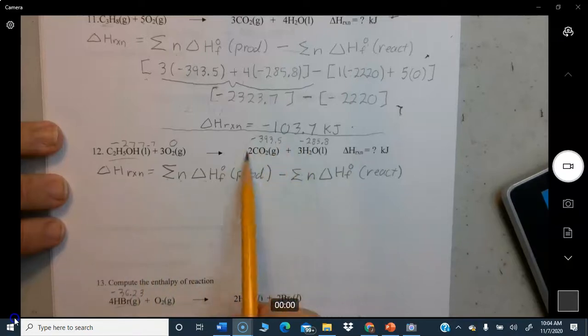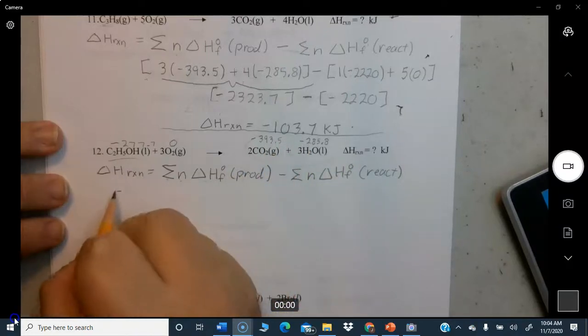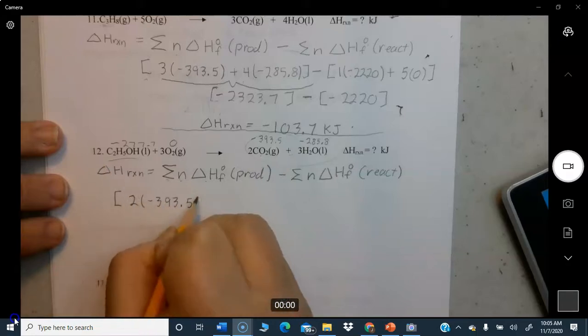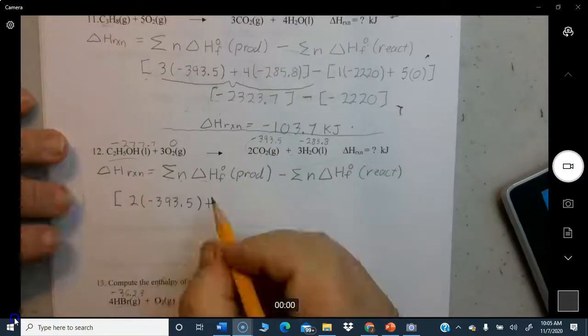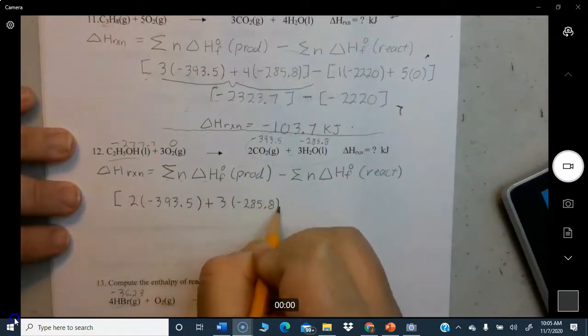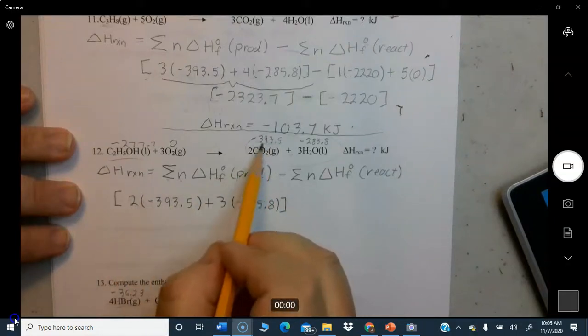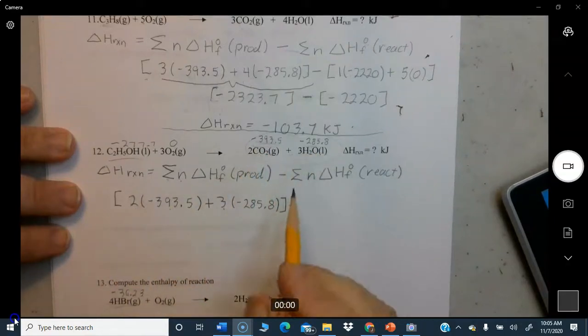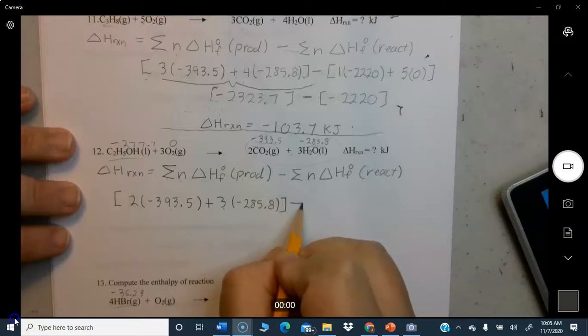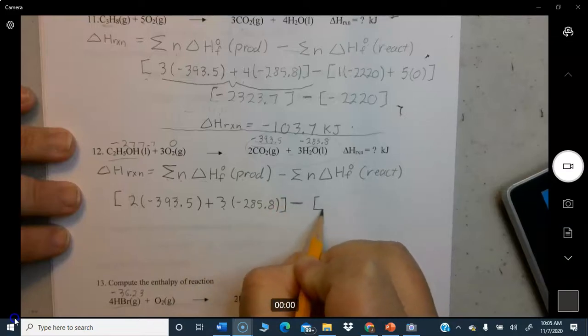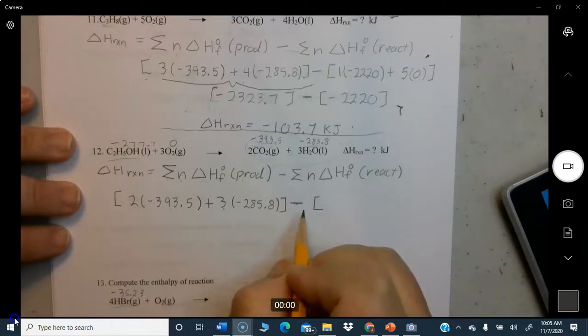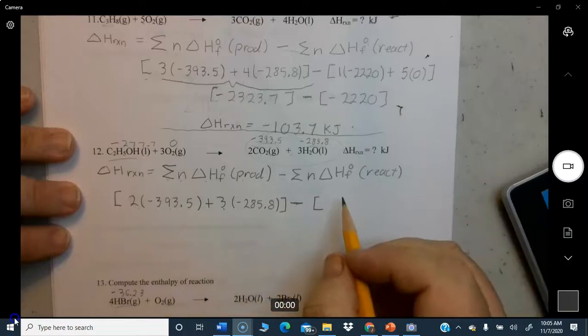So the products are over here on the right, so we're going to bring these over here. Okay, so it's 2 times this number, 3 times this number. Then you're going to subtract. That's why it's good to use square brackets here, because the negative sign is going to carry through.